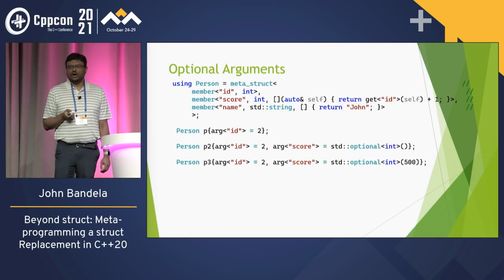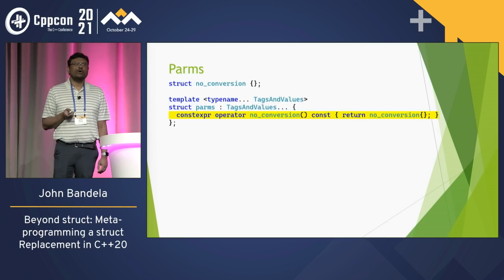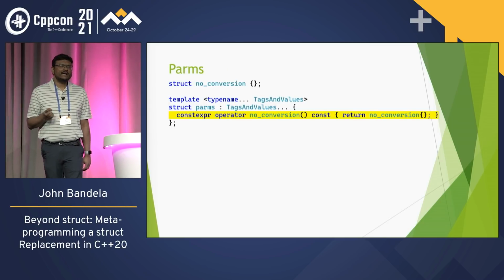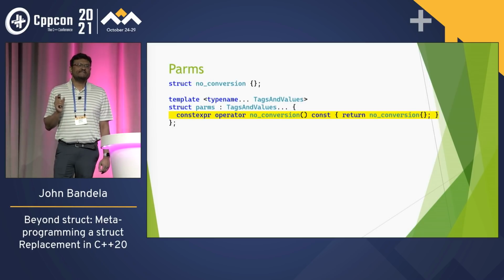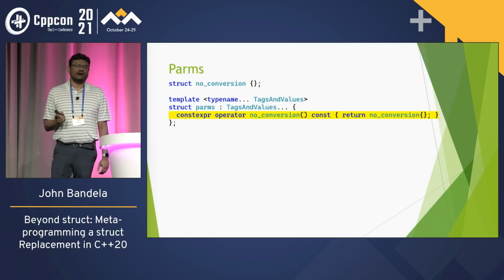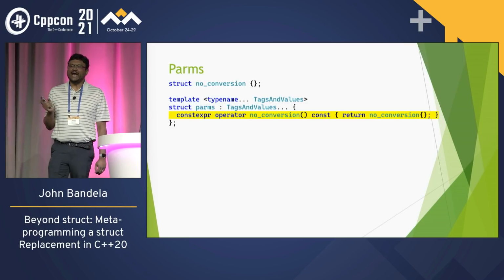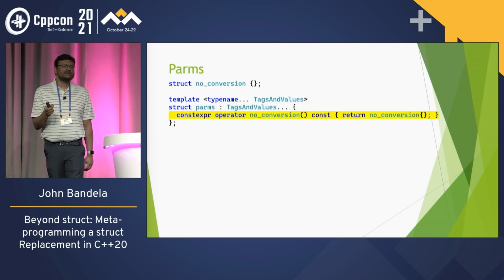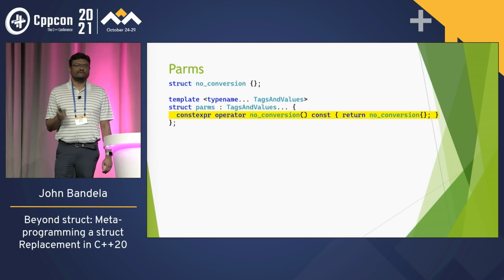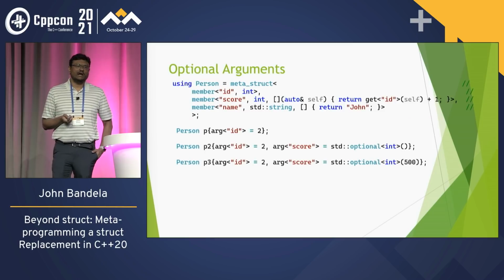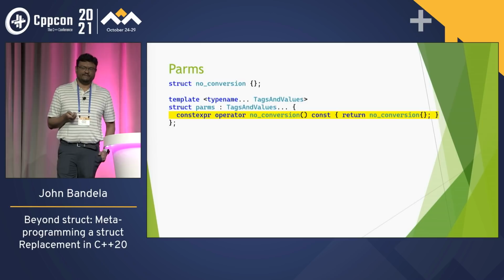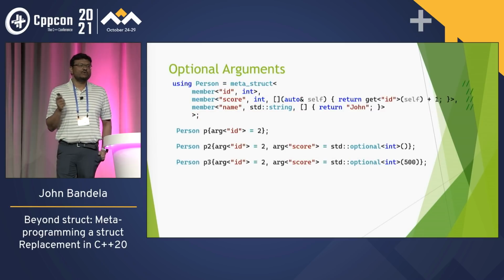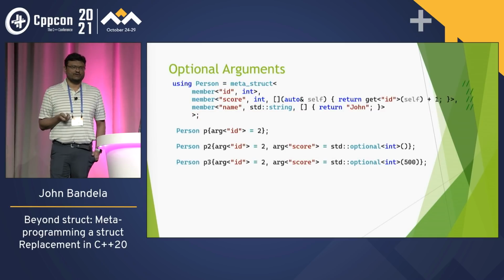If you remember, before, the metastruct Impl passed the Parms object to each of the members. So if the tag matches, it'll get sliced off. If none of the tags match, this conversion operator will kick in and convert it to no conversion, and then it will call the constructor that takes no conversion, and we will be able to default initialize. Any questions? So now we've got optional arguments.